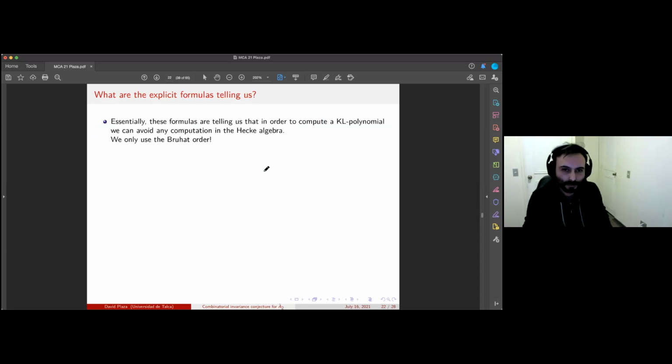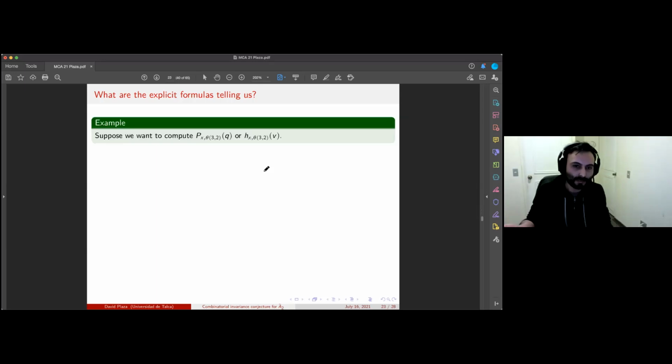So we can summarize all these formulas by saying that in order to compute a Kazhdan-Lusztig polynomial, we can avoid any computation in the Hecke algebra. So the only tool we need to compute a Kazhdan-Lusztig polynomial in this group, of course, is the Bruhat order. And let me illustrate this with an example.